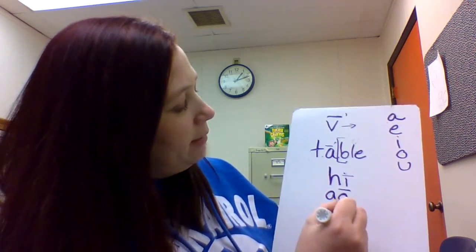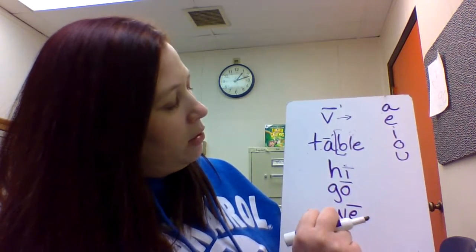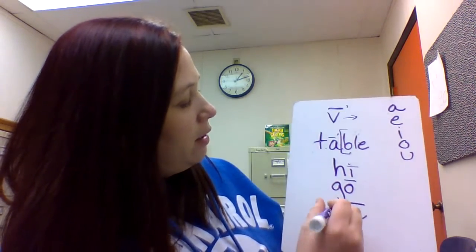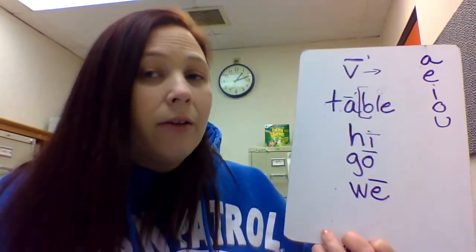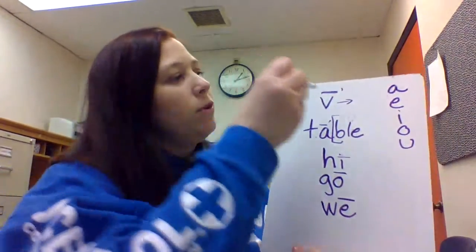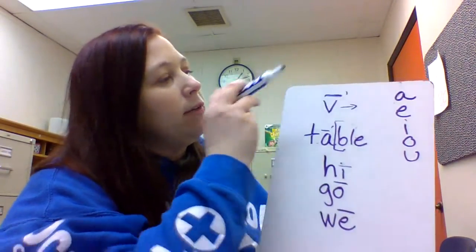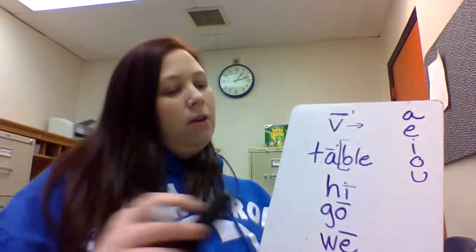Oh, we. Again, nothing there. It gets the macron. So we're using that macron to make the vowel say its name. And we mostly use it when there's either nothing after it or it's already where our vowel is accented for the first syllable.